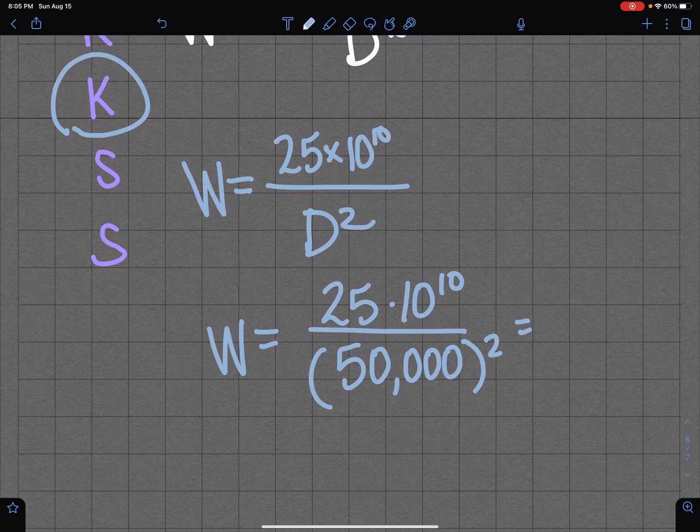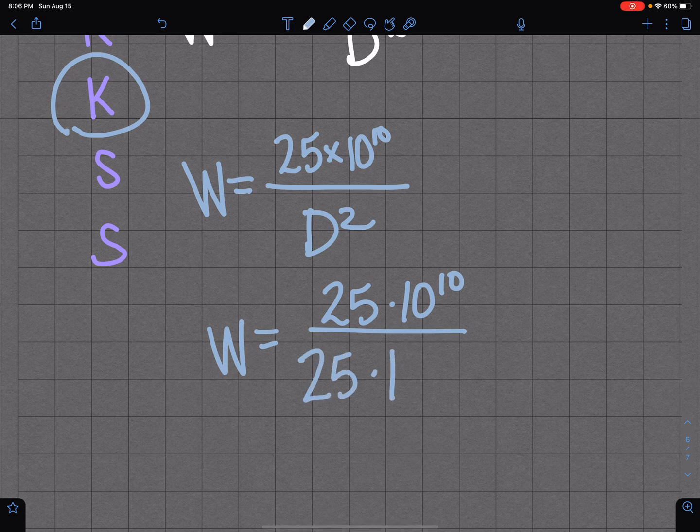You're definitely going to need a calculator on this one, but you could change 50,000, this is what they did, to 25 times 10 to the 8th. I don't know if that makes it easier or not, but it turns out to be 100 pounds.